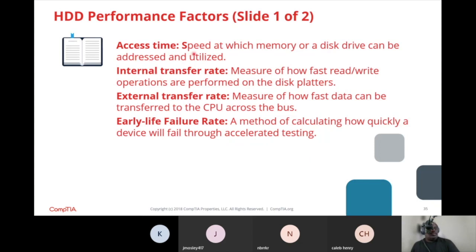Access time: the speed at which the memory or disk drive can be addressed and utilized. The internal transfer rate means how fast the read write operations are performed on the disk platters. The external transfer rate measures how fast the data can be transferred to the CPU across the bus. Early life failure rate is a method of calculating how quickly the device will fail through accelerated testing.